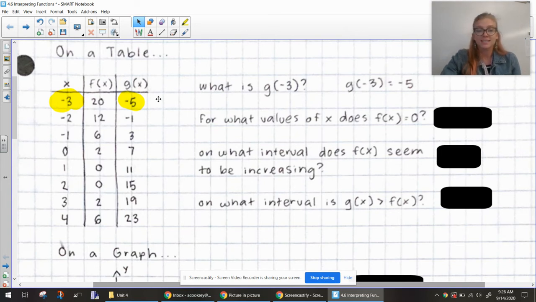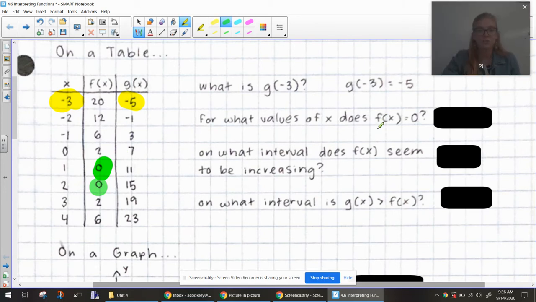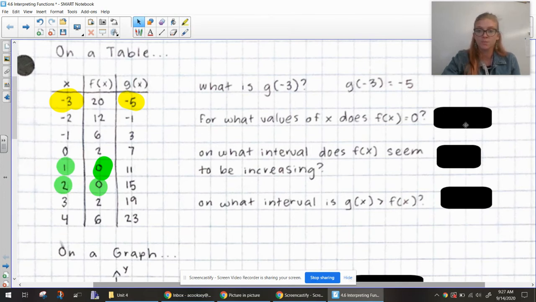Well, to solve this, I'm going to look and see where is f of x equal to 0. So f of x is equal to 0 here and here. Well, if I take those two values and look over to see what values of x they are, it is 1 and 2. So this tells us that f of x equals 0 when x equals 1 and x equals 2.